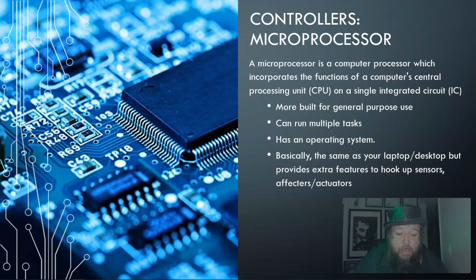So it incorporates functions from a computer's central processing unit, the CPU. It has a single integrated chip, general purpose memory, runs multiple tasks, and has an operating system, maybe one you're used to like Linux, maybe a version of Windows in some cases, or its own special kind of operating system that deals with everything and does that work for you.